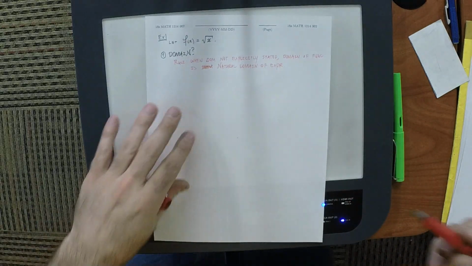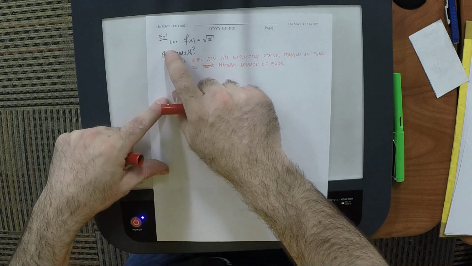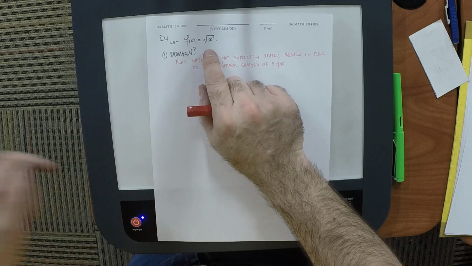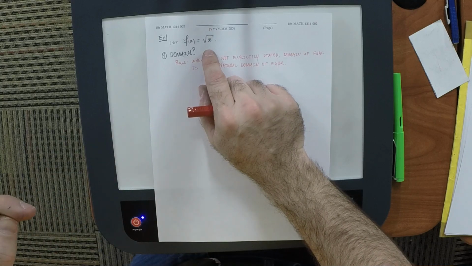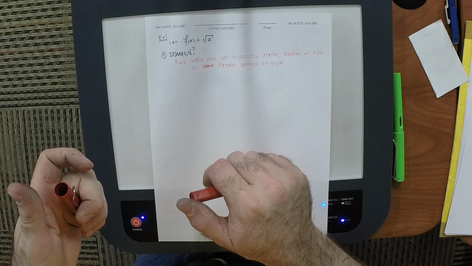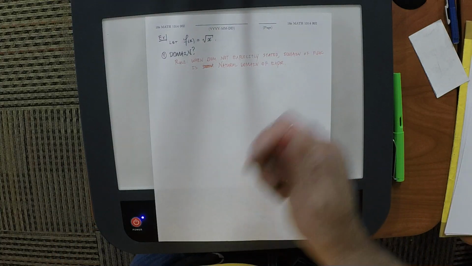That's in contrast to if I had said, let f of x be the square root of x on domain 50 to 100. In such a case, the answer would be that the domain is 50 to 100.